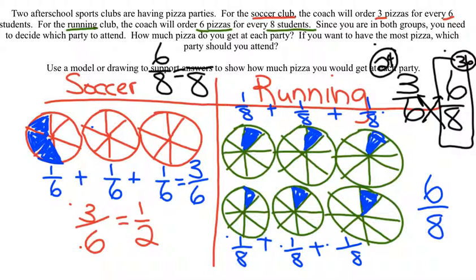Well, I know that 4 slices would be half of 8. So I need to look at it like this: is 6/8 larger or smaller than 4/8? Of course it's larger, so we know that 6/8 is larger than 4/8 by turning the two fractions into fractions with the same denominator.